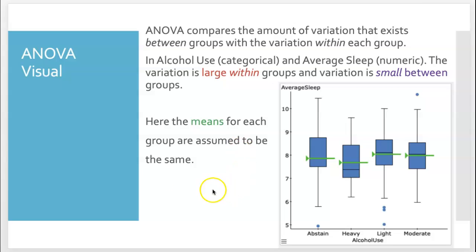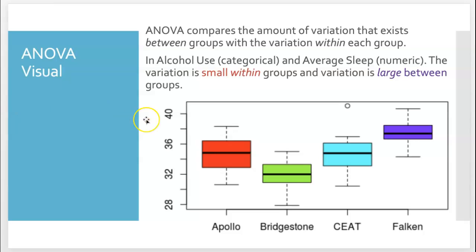Now if we were to reverse it, let's look at the variation being small within groups and large between groups. If you look within groups here, all these box plots, there's not that much variation in them. They're kind of all crunched, between like 4,000 miles.